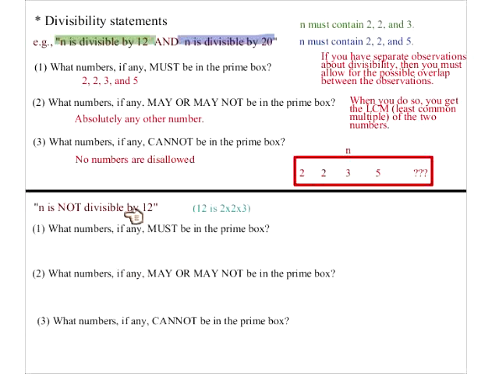Okay, in this prime box, this n might not have any prime factors at all. It's totally possible that n could just be 1. So, none. Note that it's possible that, say, n equals 1, which doesn't have any prime factors.